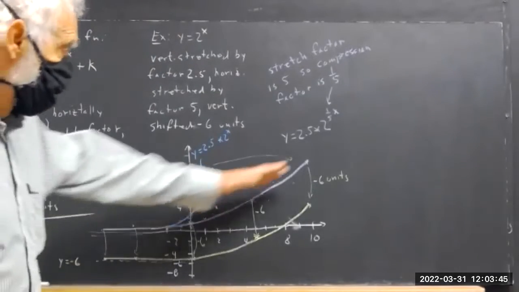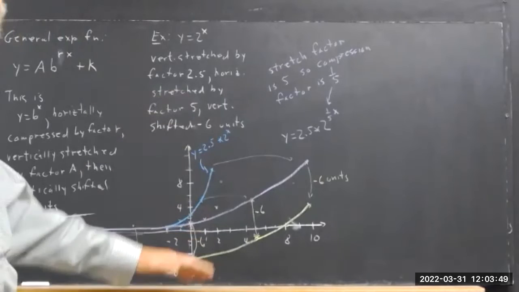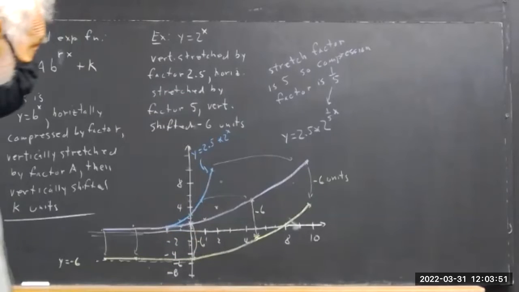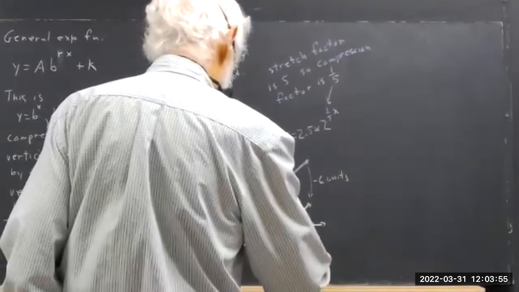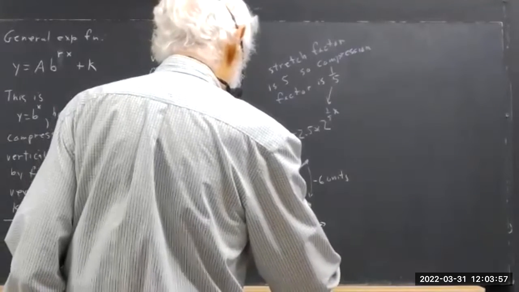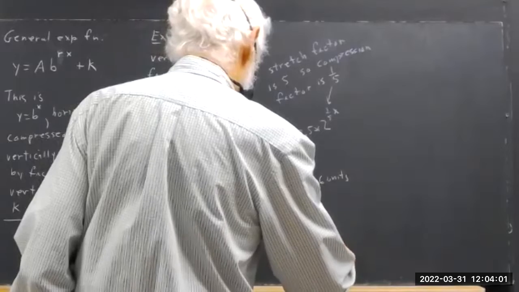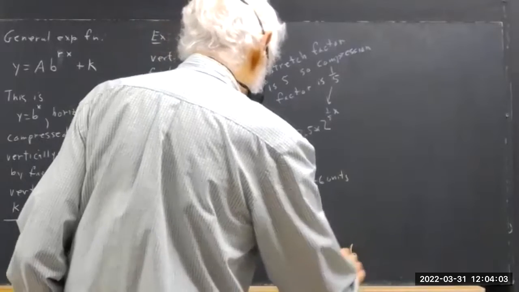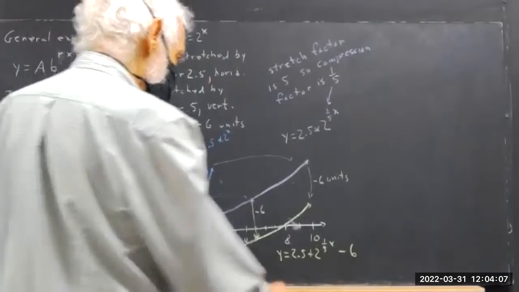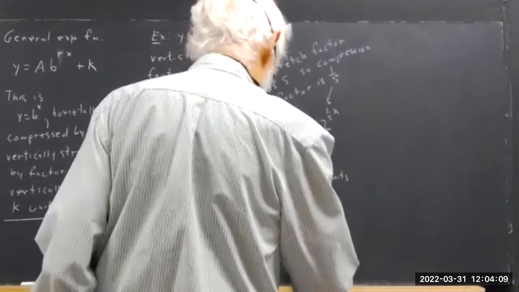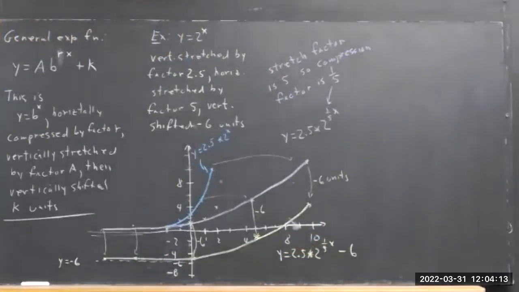This is just pretty much parallel to this one. Same shape, just down lower. And this is y equals 2.5 times 2 to the 1/5 x minus 6.